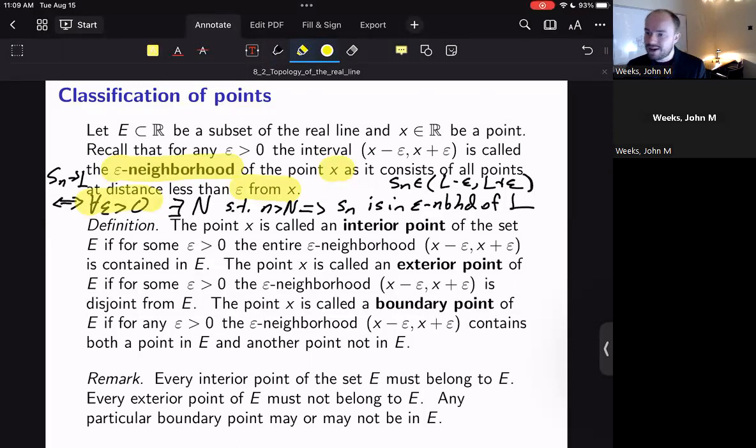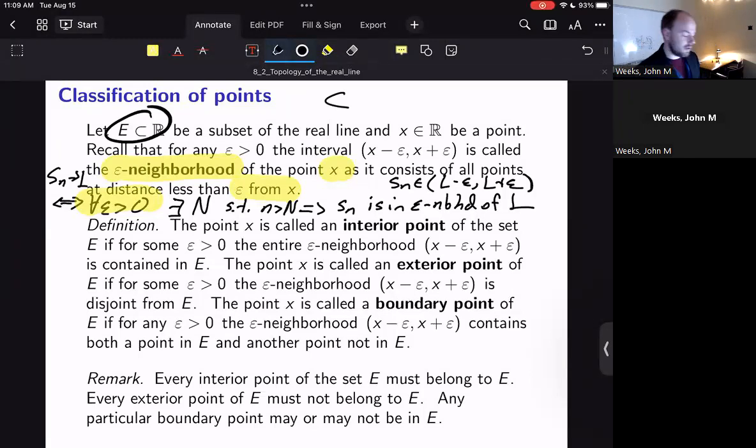Now, let's keep classifying these types of points in terms of sets. For now, we're going to specify: let E be a subset of R. Again, when we say subset, it could mean that it is equal to, so I want to make sure that we fix that notation. Sometimes you see this notation instead for is a subset or is potentially equal to. And sometimes you'll see this, which means is a proper subset of.